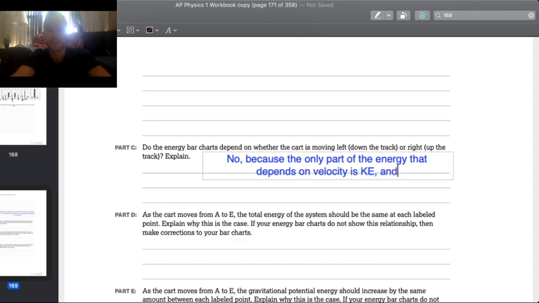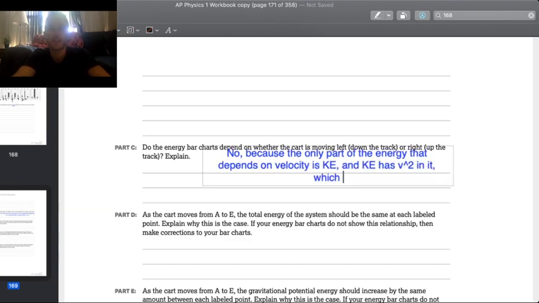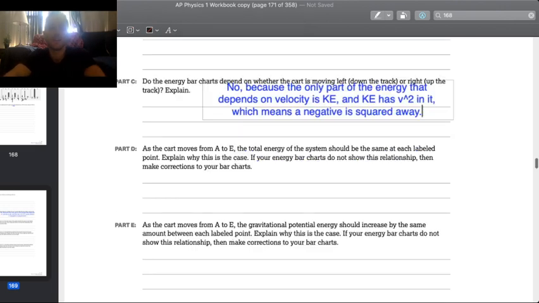And the kinetic energy has v squared in it, which means a negative is squared away. As the cart moves from A to E, the total energy of the system should be the same at each labeled point. Explain why this is the case.